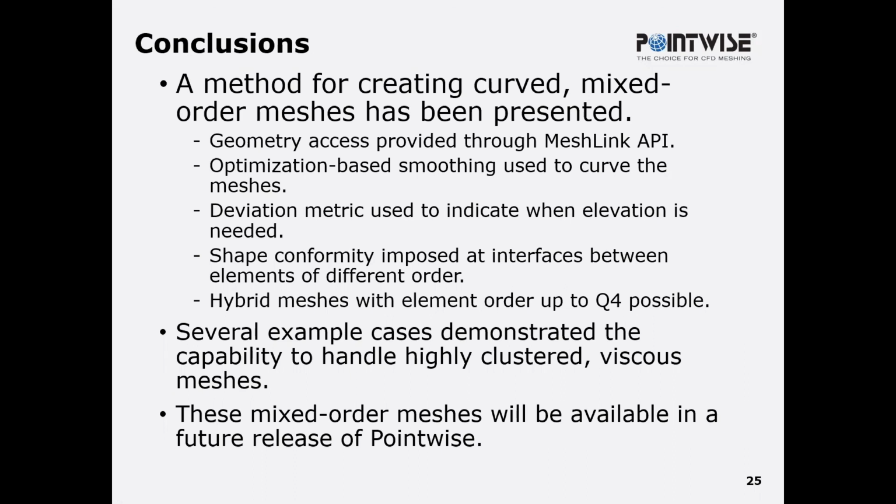The optimization-based smoothing is used to curve the meshes. The deviation metric is used to indicate when the elevation is needed, and that's linked to the surface curvature of the geometry. And the shape conformity imposed at interfaces between elements of different order ensures there are no gaps between the elements and they completely conform.